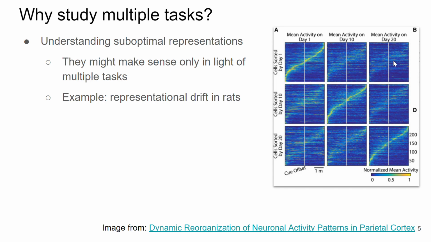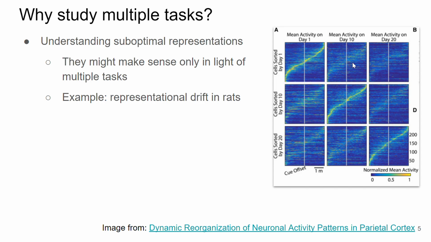So representations inside the rat's brain are changing over time. An important point to note here is that the performance of the rat is not changing over days. Day 1 is after the rat has achieved a stable performance on the task, and even though the number of days increases, the rat's performance is the same, but the representations keep changing.